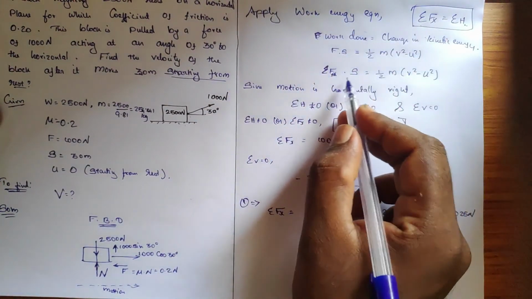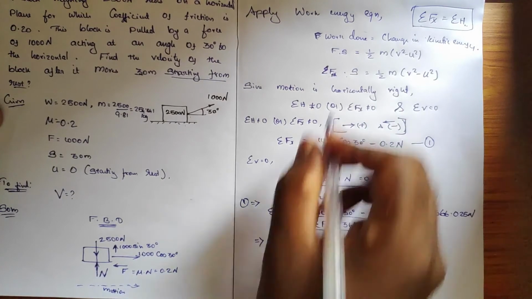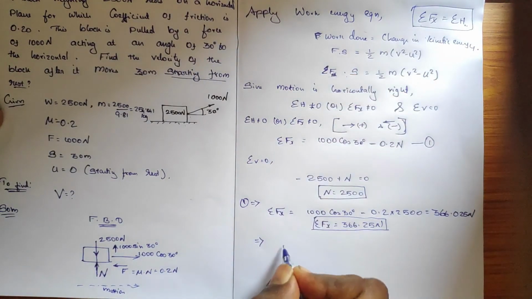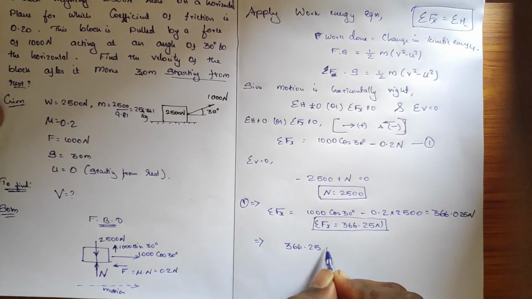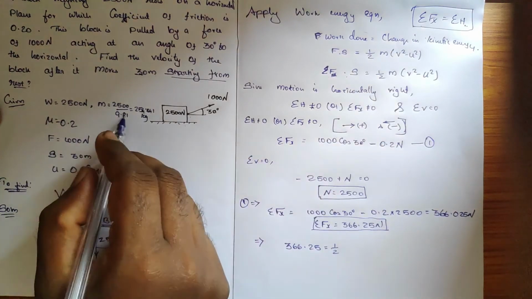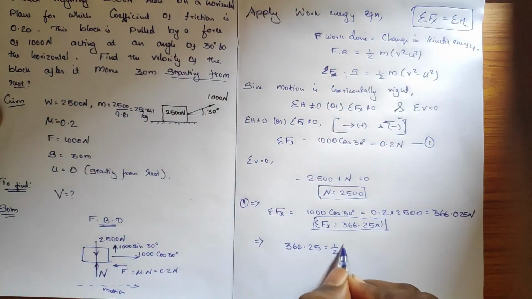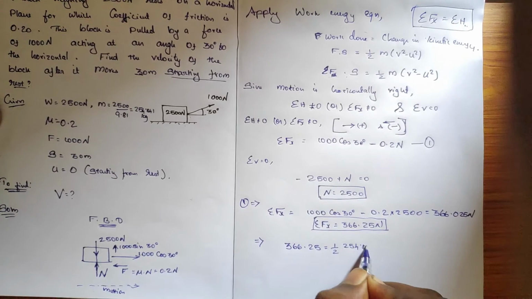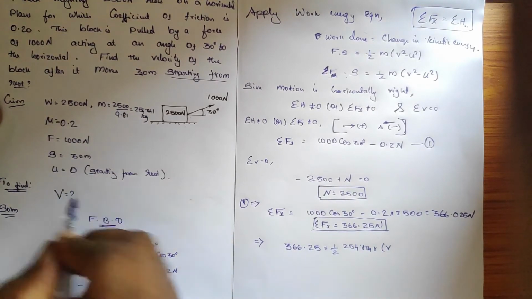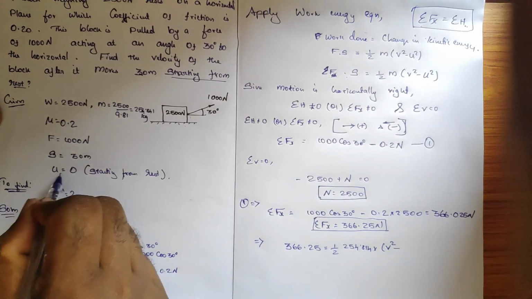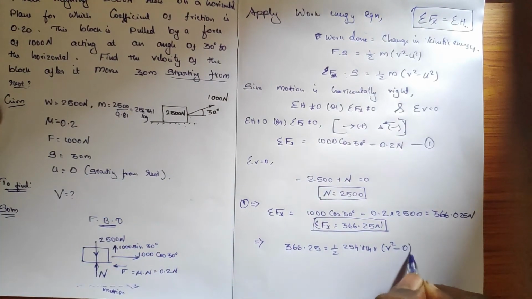Now the work energy equation will be, in the place of Fx, 366.25, which is equal to 1 by 2 mass, which is the given mass of the block, 254.814, into velocity v square, which we need to identify. So v square minus the initial velocity is 0, initially at rest, right?